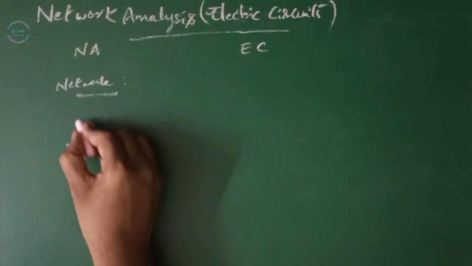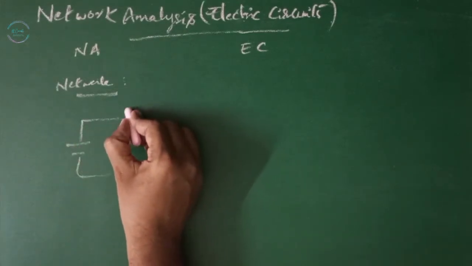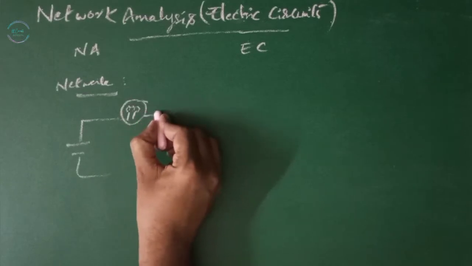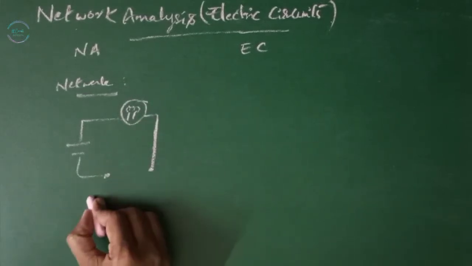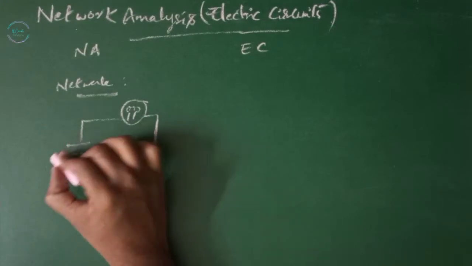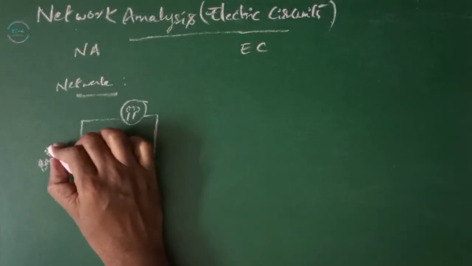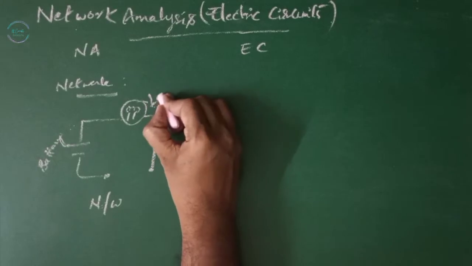That is a battery connected to a bulb. This is called a network, where this is a battery and this is a lamp.